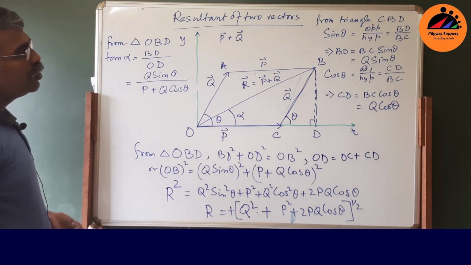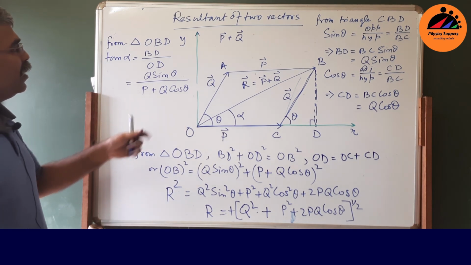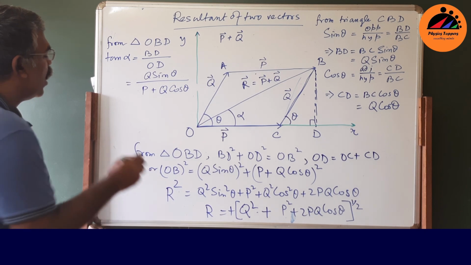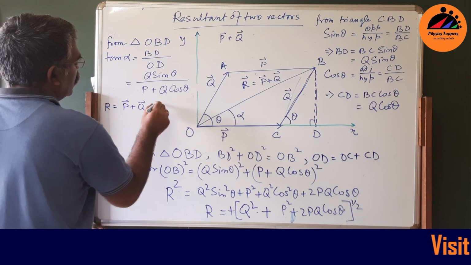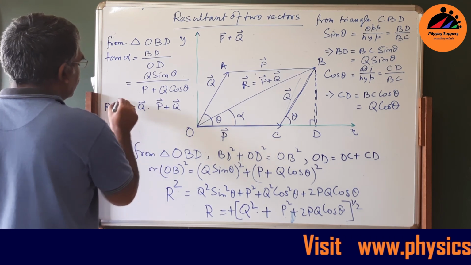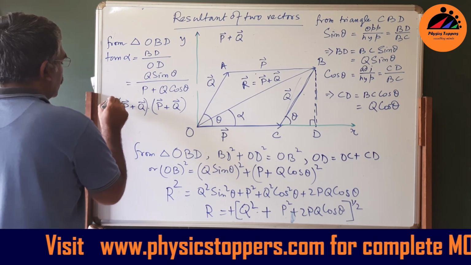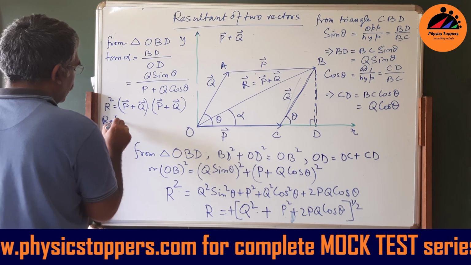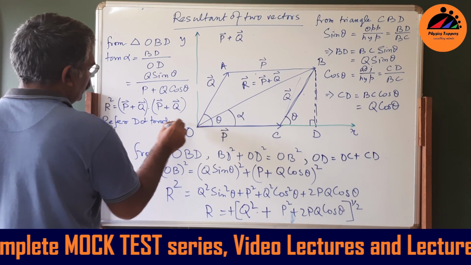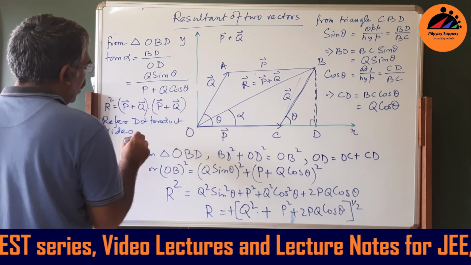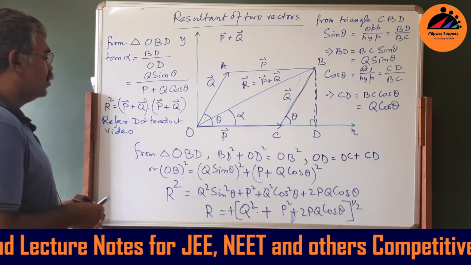So these are the two formulas for the resultant. I have already deduced this in the dot product video. It's very simple to deduce R: R squared is P plus Q dot P plus Q. So refer to the dot product video, lecture 4 in the series of vectors.